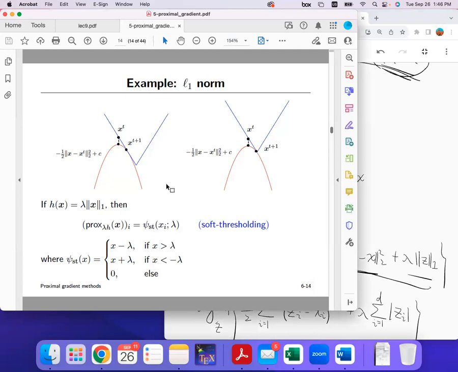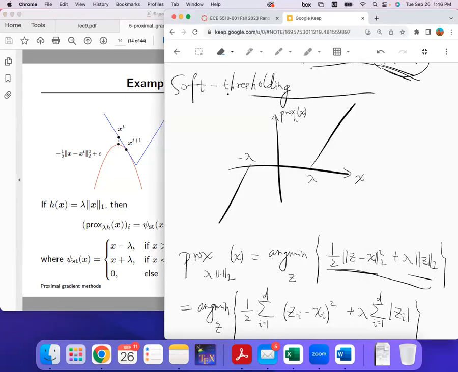Yeah, honestly I don't see any difference between these two graphs. Yeah. But I think we can just look at this soft thresholding operator. That makes sense. Yeah, and you see the lambda that we put in the regularizer controls the threshold of this operator.